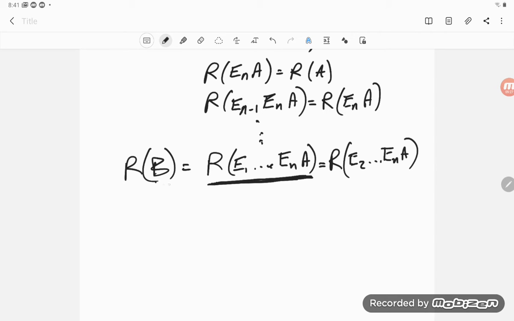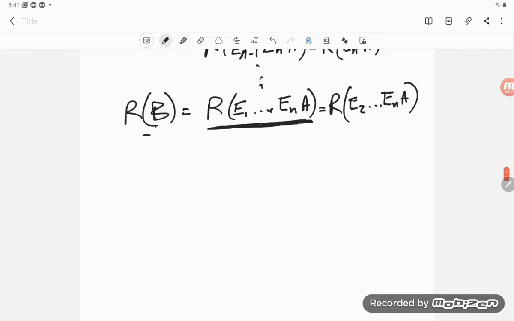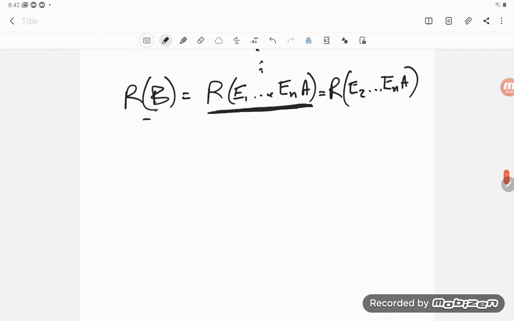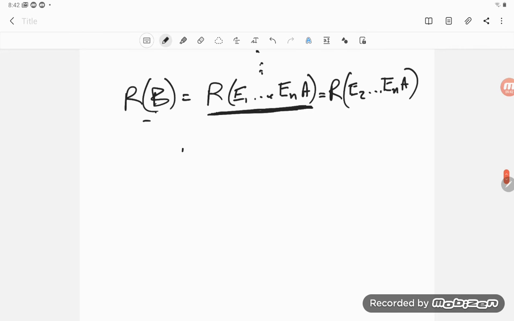But at any rate, we get that the row space of B is equal to the row space of A this way. I think to just go, oh well, E1 to En times A is B, and they lump all these together.